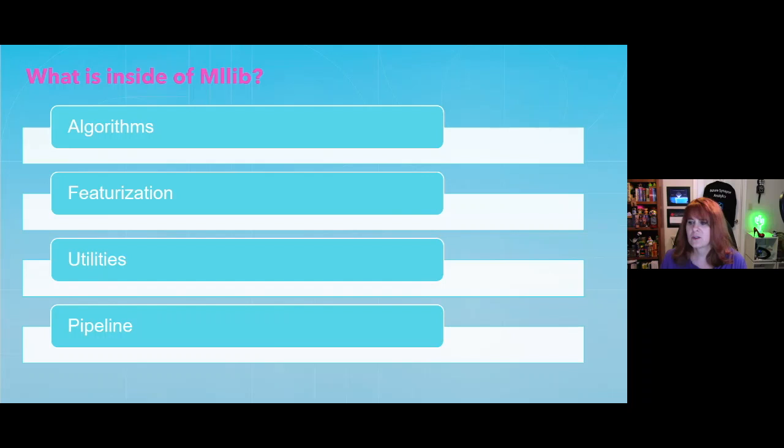It allows you to do things like one-hot encoding, and that is going to allow you to format your data sets so that they can be more readily available in a format that your machine learning components are looking for. The other thing is you've got utilities to help you create statistics, to use linear algebra to analyze your data, and of course you've got pipelines.